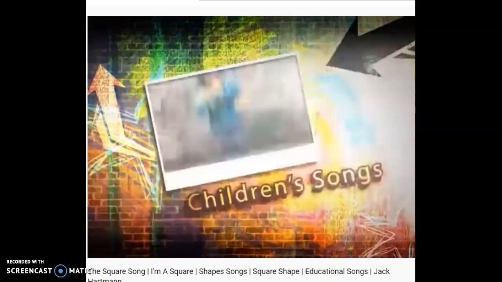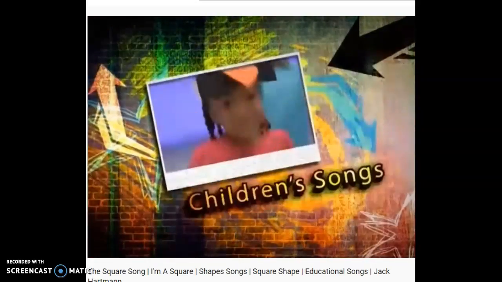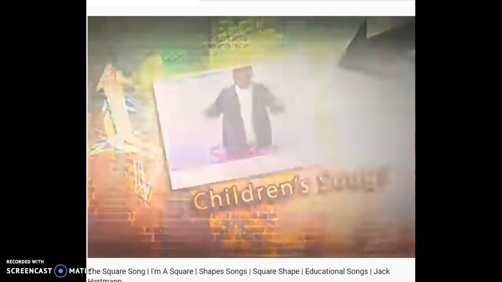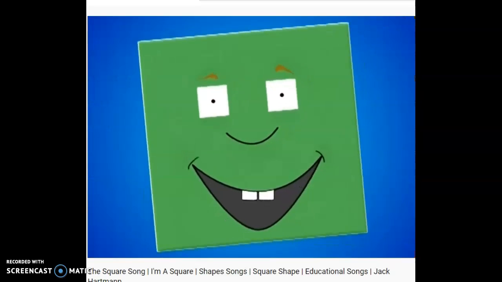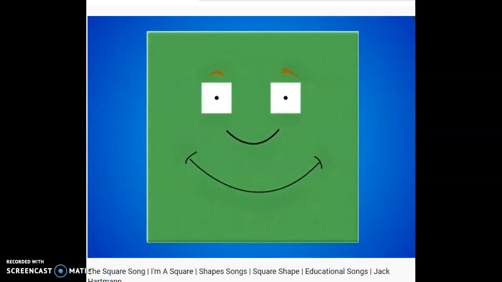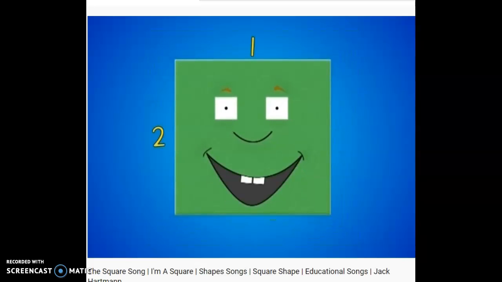Children's song, sing and move along. Children's song, make your brain and body strong. I'm a square, over here and over there. I have four equal sides, made of four straight lines. 1, 2, 3, 4.